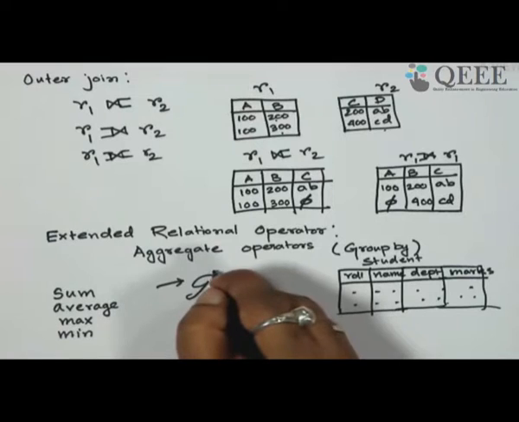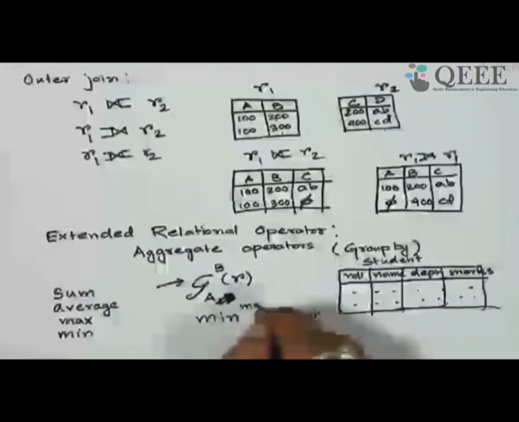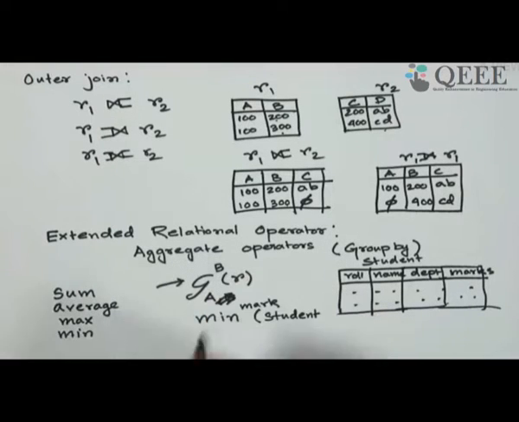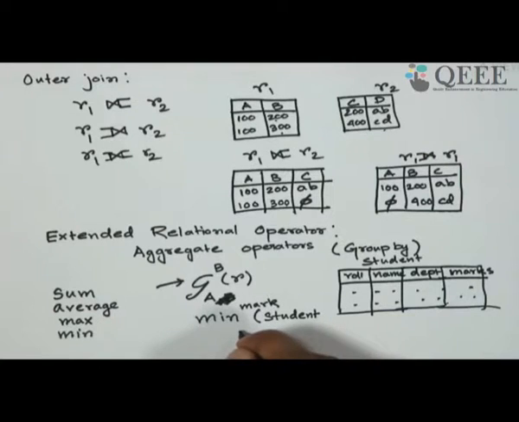There can be another group by operator, like the mean of the marks of students. It will come in a different form when we write down the actual queries. I am just writing it as averaged over the grouping by department.